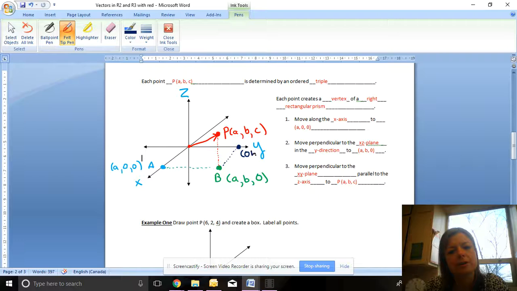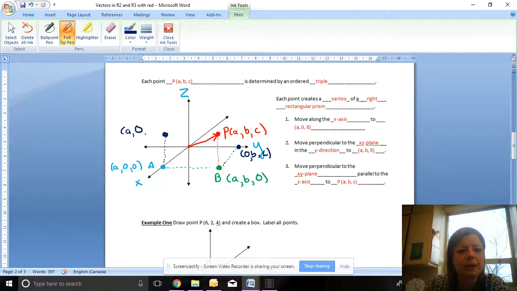I went over to my B, but then I haven't gone up or down yet, and so that's C. And that creates the bottom. Then from here, I can go up as far as that P is up. In this case, I have gone up to my A, but then I didn't go left or right, so I have 0 on the y-axis, but then I did apply my C.